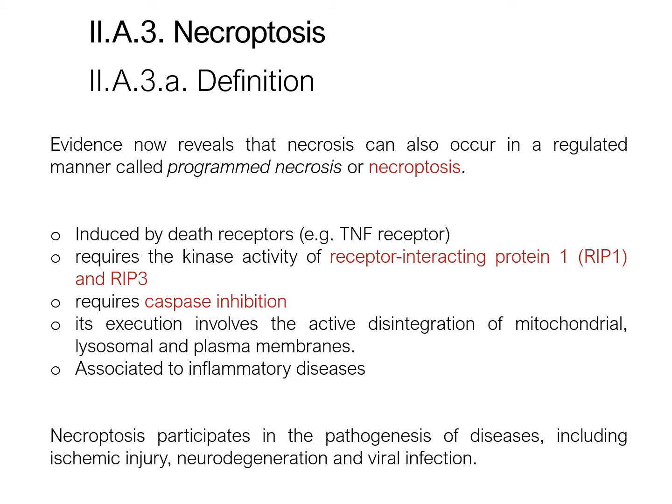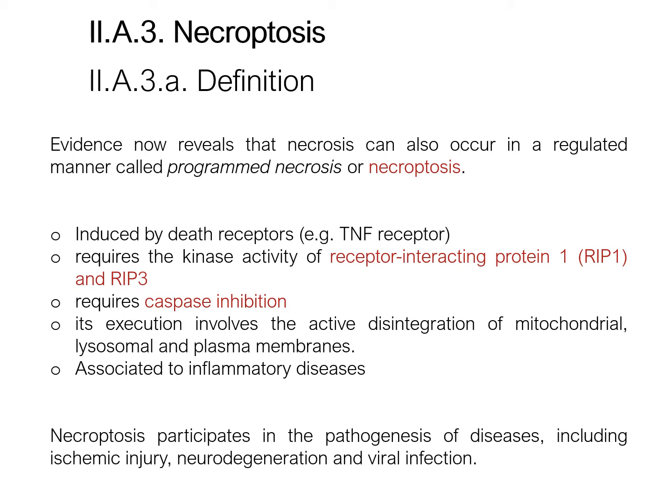This pathway requires kinase activity of the receptor interacting proteins RIP1 and RIP3, and it's considered caspase independent, but that is not appropriate. It actually requires caspases to be inactivated, which is a different thing from being independent.